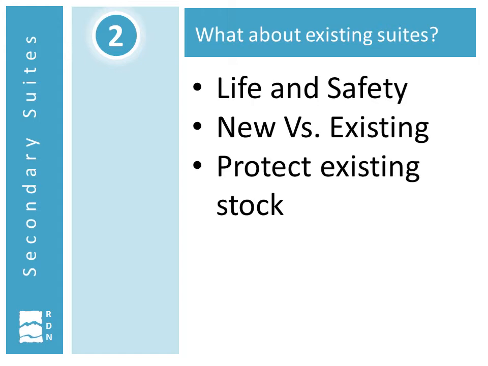Unlike newly proposed suites, which must satisfy all requirements of the current building code, existing suites can be considered under reduced code requirements which focus on life and safety provisions and allow more flexibility to address existing construction. Also, when considering existing suites, another thing to keep in mind is the impact that decisions have on the availability of affordable rental housing in the region, as secondary suites are a recognized and important source of affordable housing.